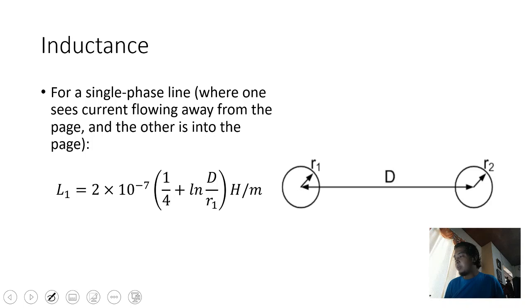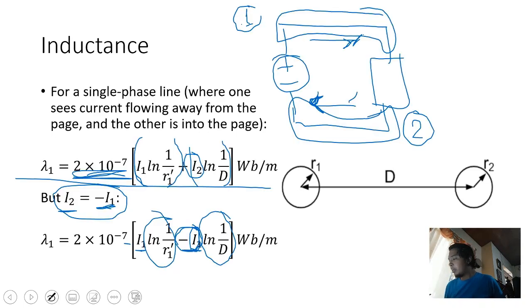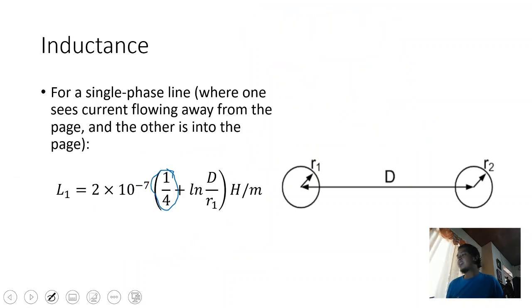Actually, R1 prime siya, pero R1 siya kasi lumabas yung 1/4. So, basically, yun na yan. Okay? So, that's how you do it on a single phase system. And take note, naka-L na tayo.